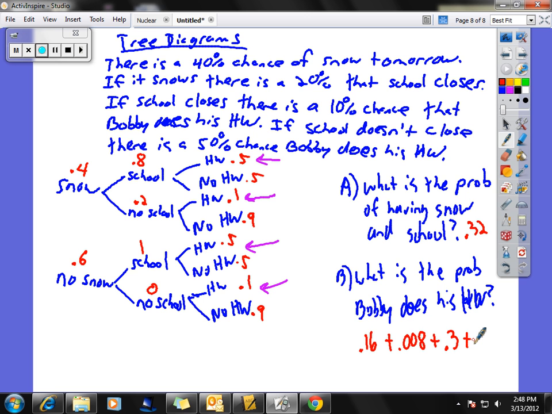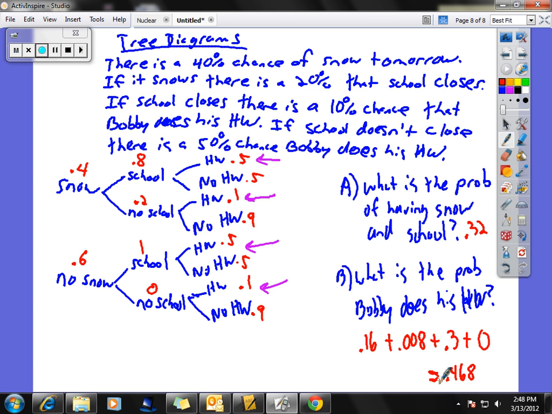But if we just multiply, you're going to multiply by a 0, so that's going to end up being 0. And we add all those up and get 0.468. Okay? So notice how you can't just jump to the end here and get that number without doing a little bit of work. I mean, that's almost 50%, right? So there's almost a 50% chance that he does his homework. The chance of snow reduces the actual 50% by a little bit.